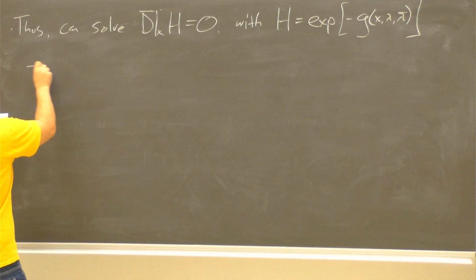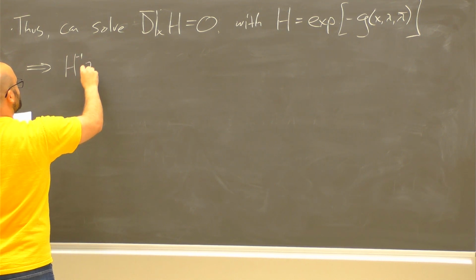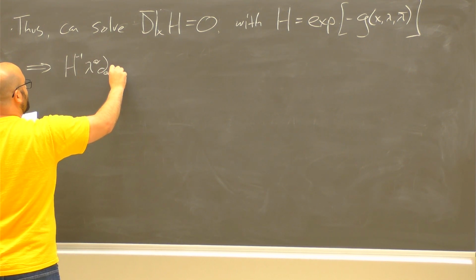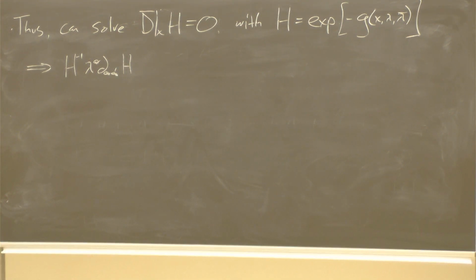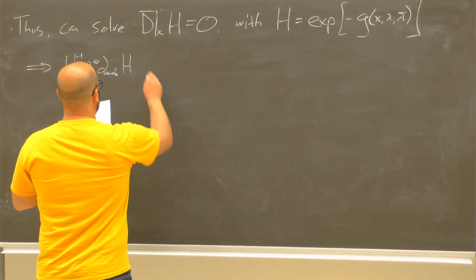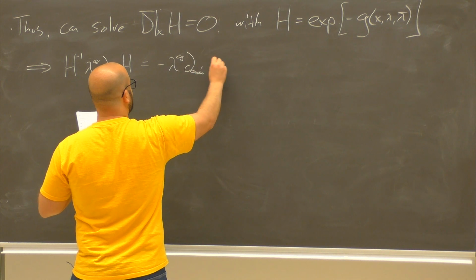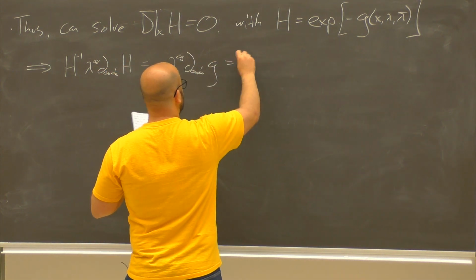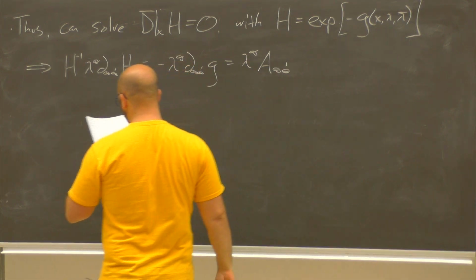And then that in turn implies that this quantity, h inverse lambda alpha d alpha alpha dot h, which we used to construct the self-dual gauge potential on spacetime in the general case, is now just given by minus lambda alpha d alpha alpha dot g, and that's supposed to give us lambda alpha a alpha alpha dot.